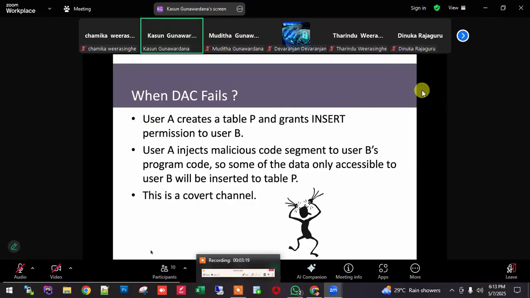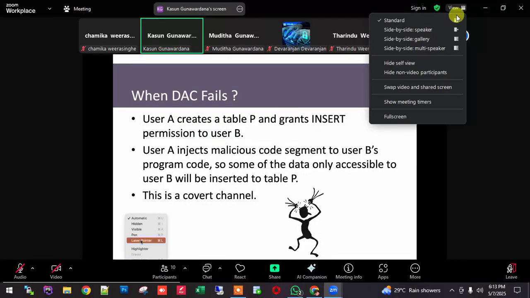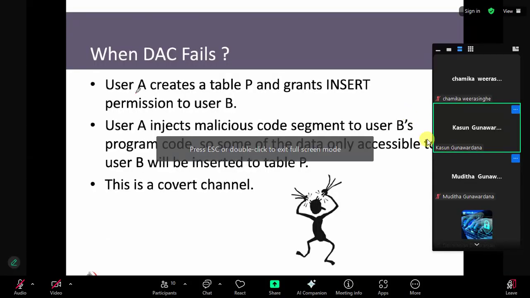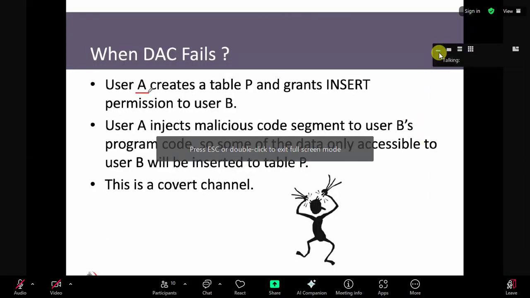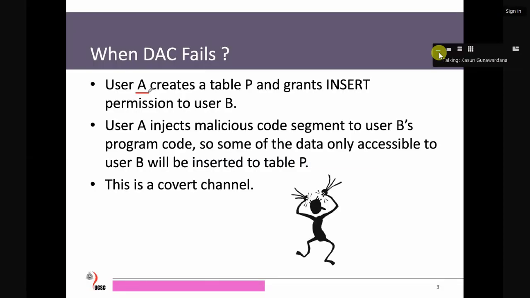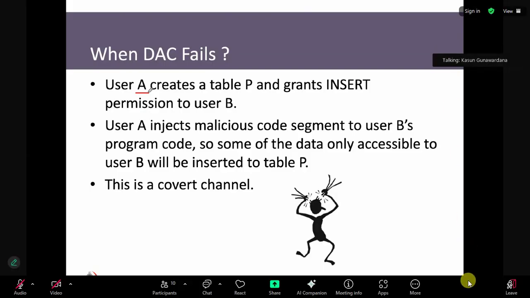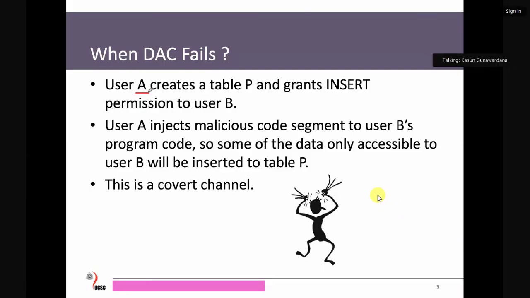Let's take user A, who creates a table P and grants permission to user B, and user A injects a malicious code segment into user B's program code. So some of the data only accessible to user B will be inserted into table P.